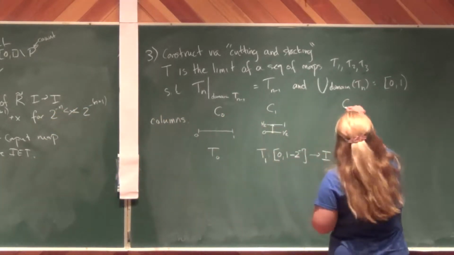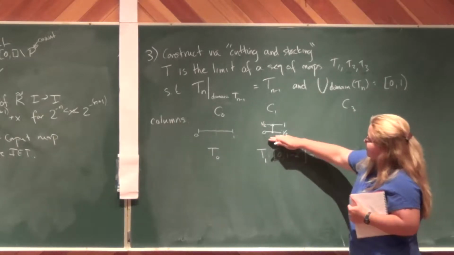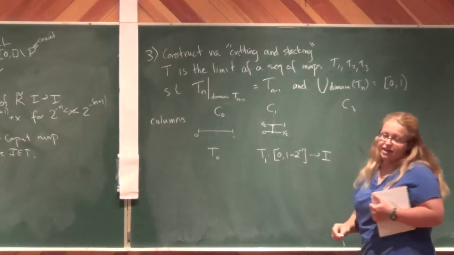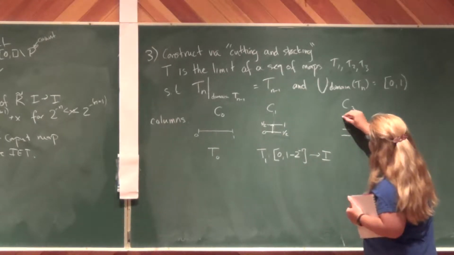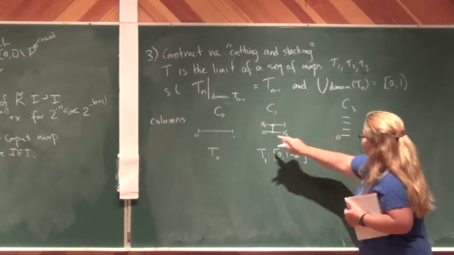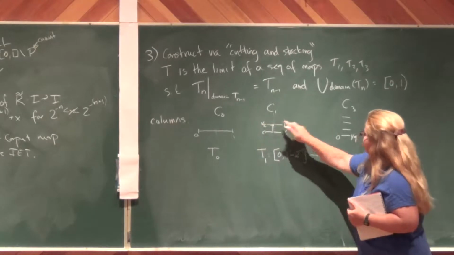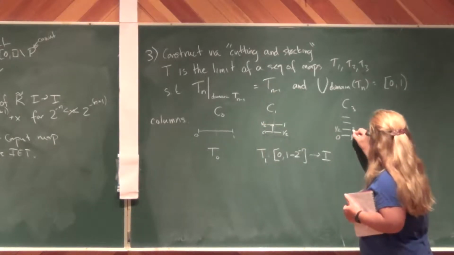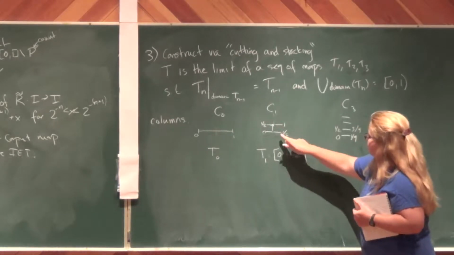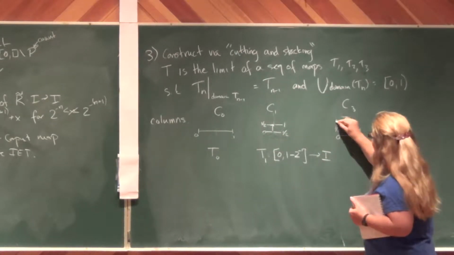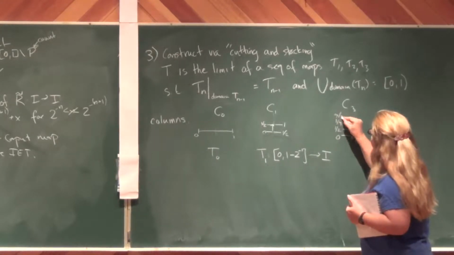To form C2, my next column, I'm going to cut this column in half, stack the left half underneath the right half. So now I have 4 little intervals, which are each 1/4 wide. So I have 0 to a quarter. Above it, I have 1/2 to 3/4. Then this half goes under this half, so we have 1/4 to 1/2. And then we have 3/4 to 1.